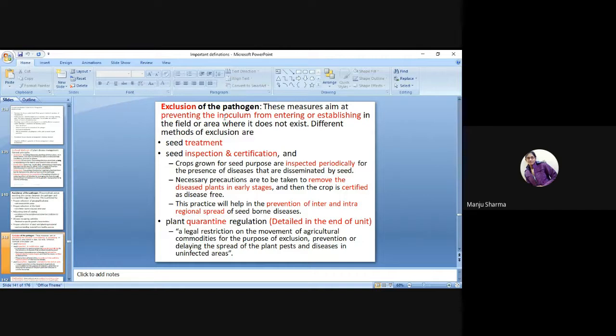Plant quarantine regulation, a legal restriction on the movement of agricultural commodities for the purpose of exclusion, prevention, or delaying the spread of plant pests and diseases in uninfected areas.